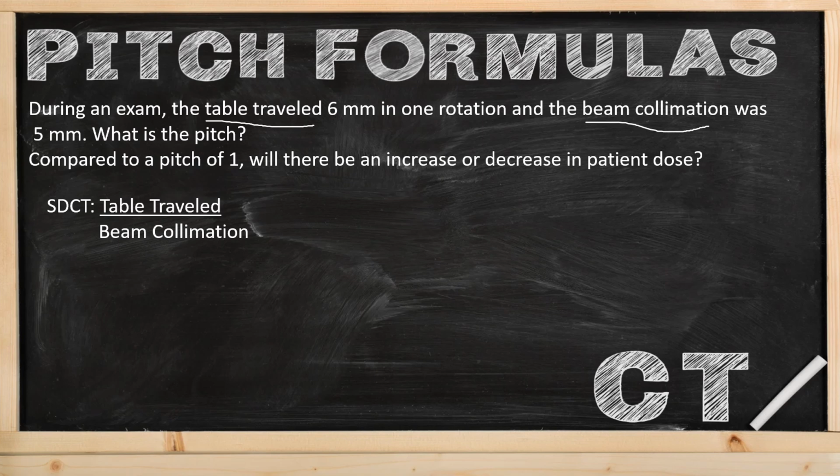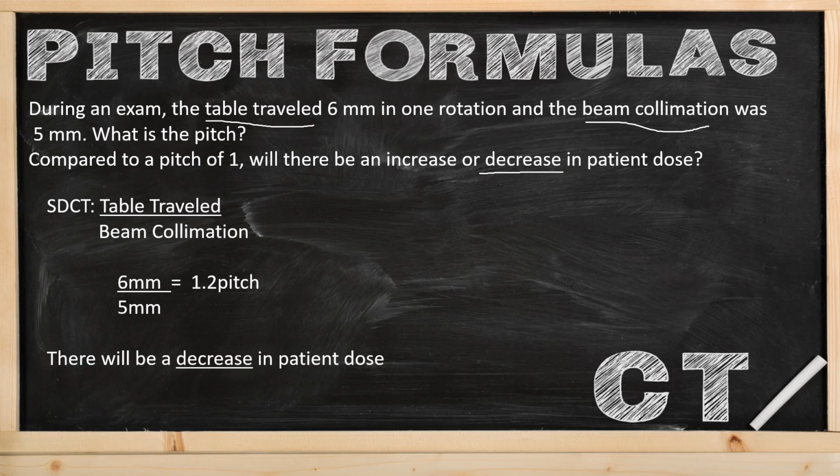So I expect there will be a decrease in patient dose. Here we have our table traveled 6 millimeters. Our beam collimation is 5 millimeters. That gives us a pitch of 1.2. There will be a decrease in patient dose.